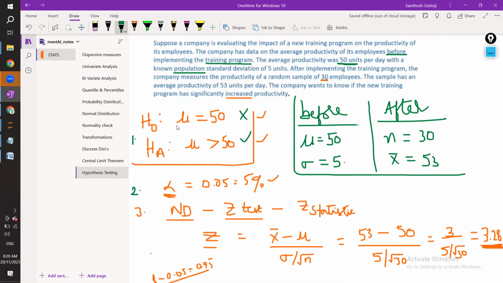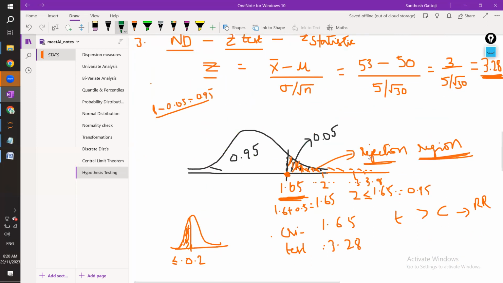That means what? The alternate is saying the new value is greater than 50. That means yes, the test has actually significantly improved the productivity. That we will accept. Why? Because we are able to reject the null.